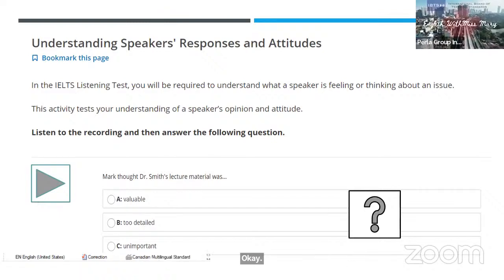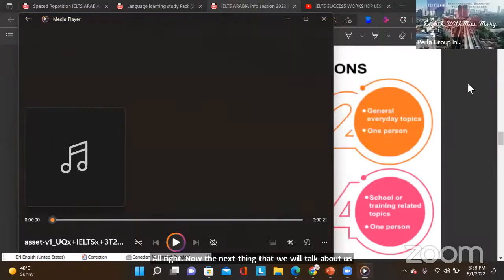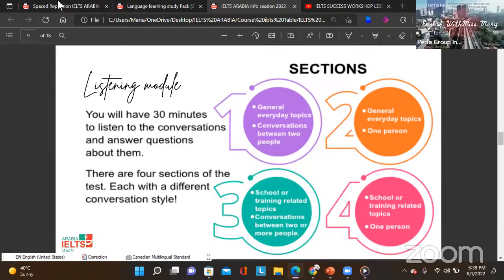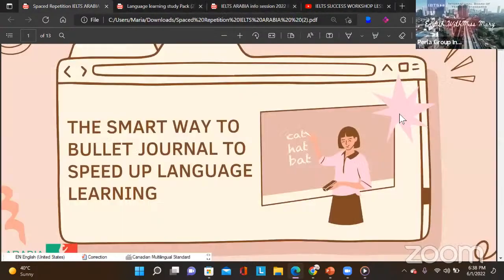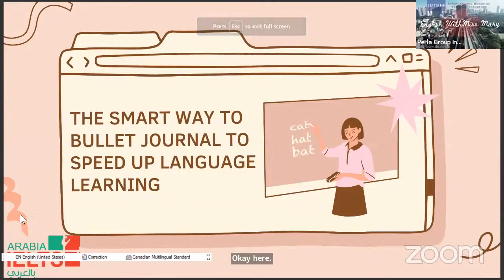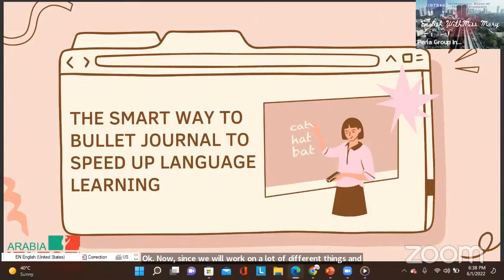All right. Now, the next thing that we will talk about as a topic. Since we will work on a lot of different things in this workshop, I want to talk about a lot of things, but for today, because it's really about the assessment, I will talk about a few parts, and then tomorrow the strategies.